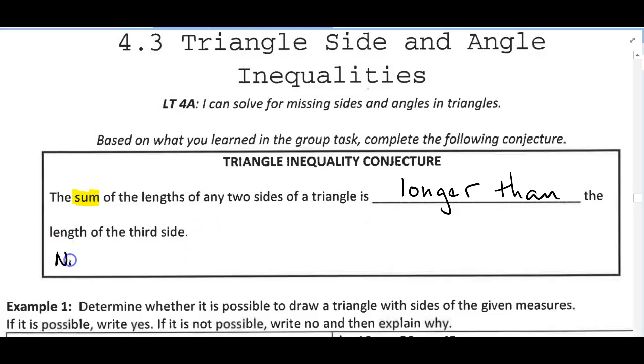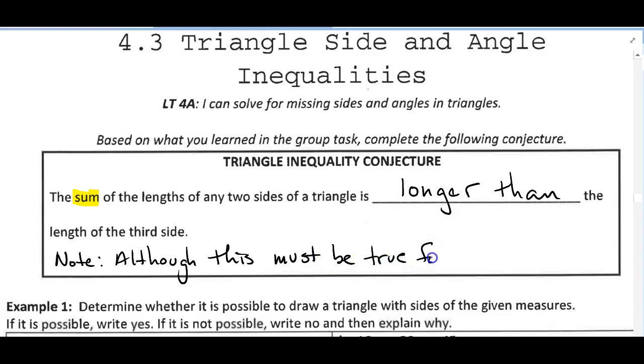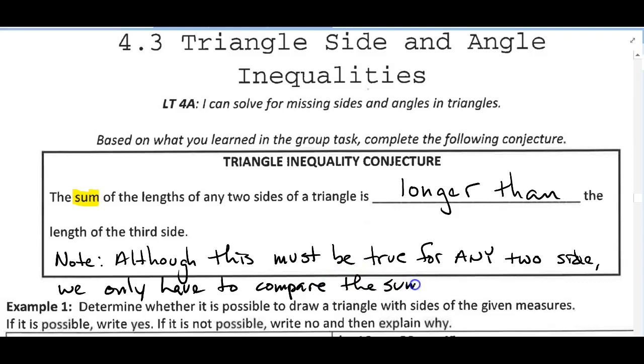So let's make a little note here. Note, although this must be true for any two sides, we only have to compare the sum of the two smallest sides.